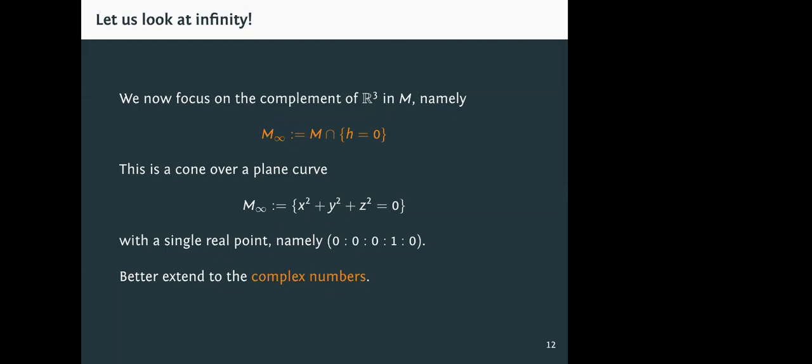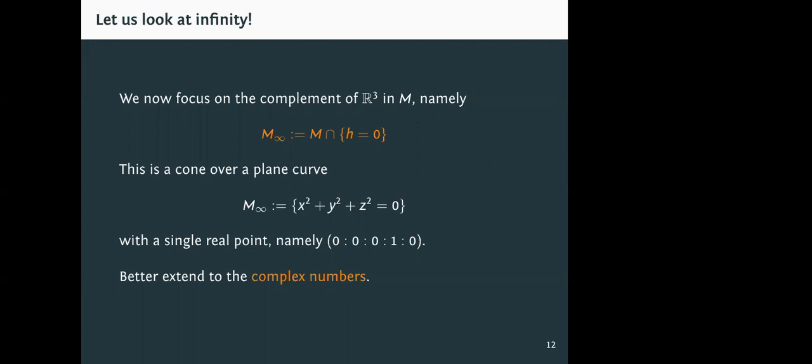If we look at the equation, it is now x squared plus y squared plus z squared equals to 0. The r is missing, the h is 0. So since a variable is missing, this object is a cone, and it's a cone over a plane curve. What's maybe funny about this cone is that it has essentially a single real point, namely the vertex of this cone, which is the point 0, 0, 0, 1, 0. But it has no other real point.